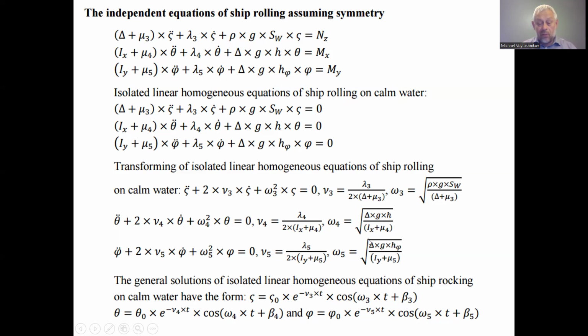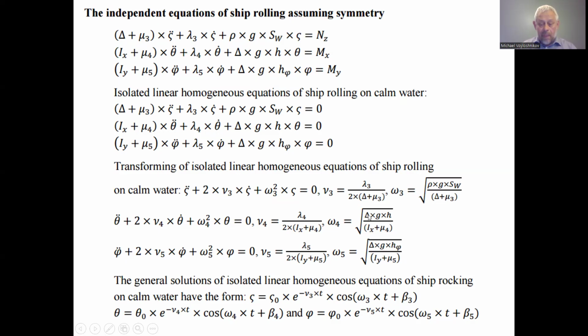First, we have the characteristic of the restoring force to find the natural velocity. This is the restoring force for the vertical motion of the ship, which returns the ship to the balance position at the water line.